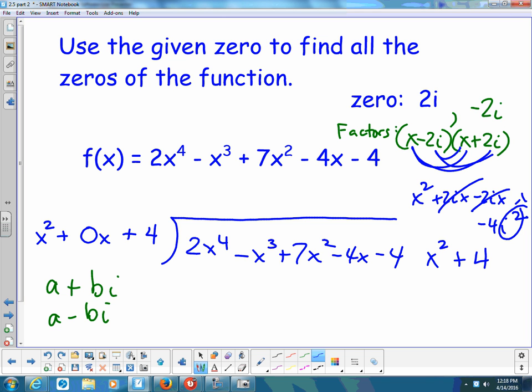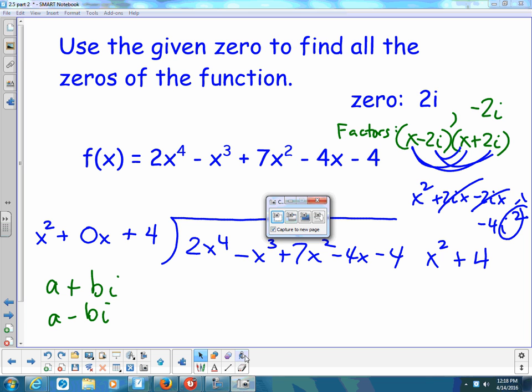You add in a 0 for any missing terms, but there weren't any in the dividend; I did have a missing term in my divisor, so I would fill in a plus 0x there. That's my personal preference. So go ahead and do that division. I'm going to pause this while you're dividing.